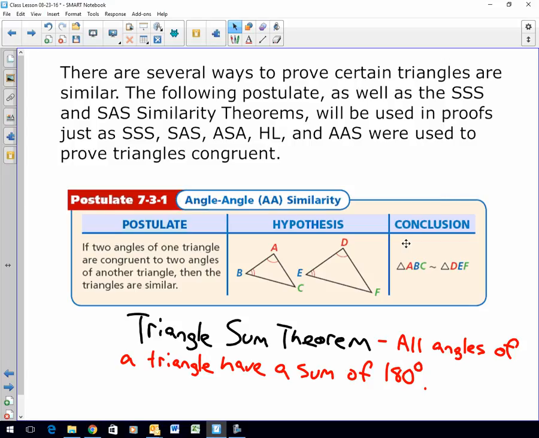The most important number you'll learn this year, 180. All angles of a triangle have a sum of 180 degrees.